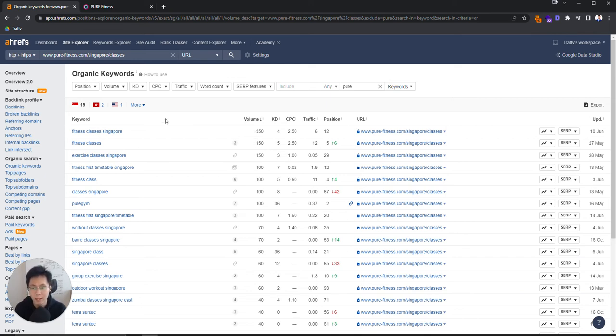Okay, so now that I've looked at the volume, the next thing I want to look at is the keyword difficulty and the cost per click. These are also metrics that tell you certain things. Keyword difficulty is whether it's difficult for you to rank for that keyword. You can see the keyword difficulty for these 3 is kind of the same, so this doesn't really matter to me.